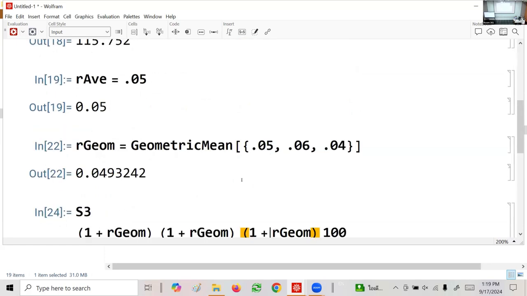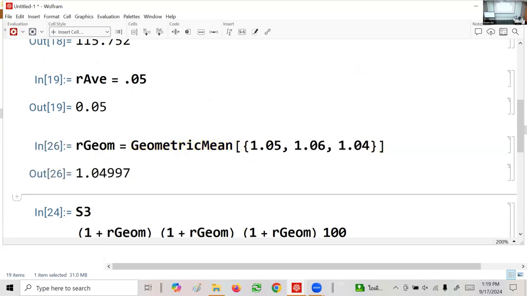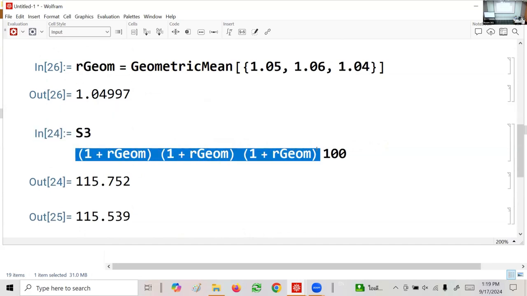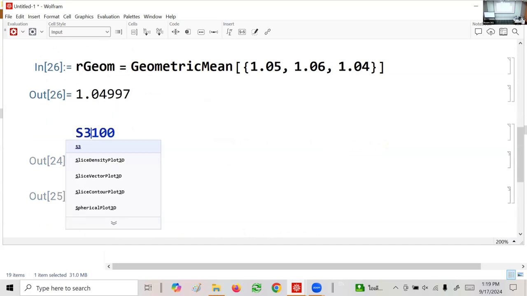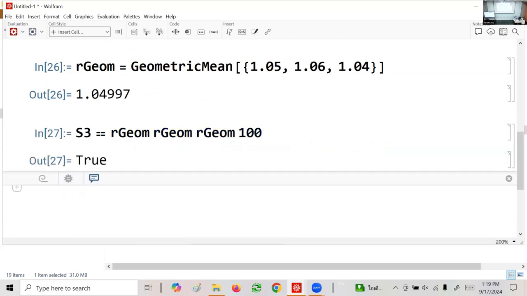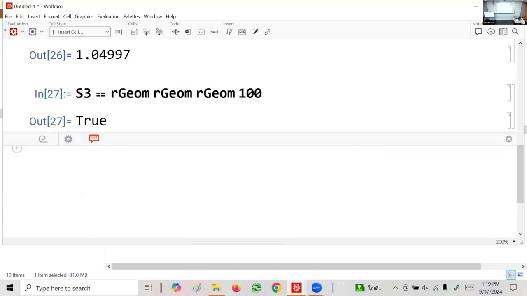Let me do it again. Sorry. Let's say our geometric mean is 1. Okay, there. And then, okay, that's true. Okay, right.